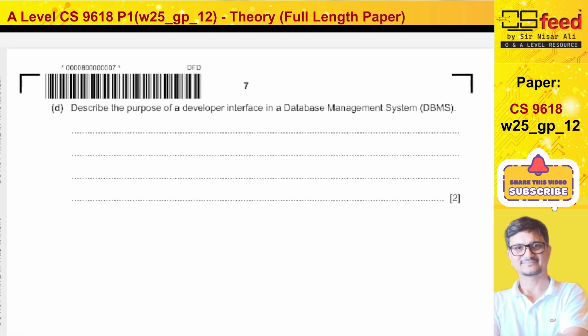Describe the purpose of the developer interface in DBMS. So developer interface. So the interfaces. So what are the interfaces? These are basically the GUIs.